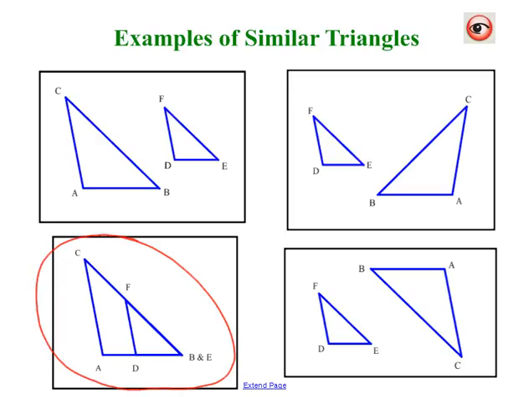In this case, points B and E are the same point down here. And you can see that triangle FDE is lying inside of triangle ABC. But they are still similar triangles.